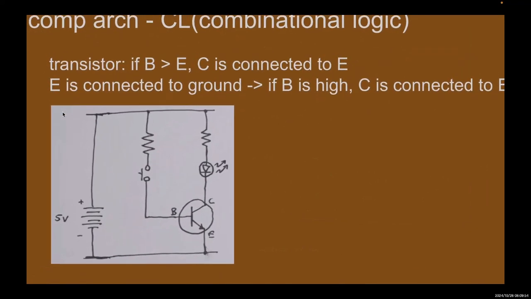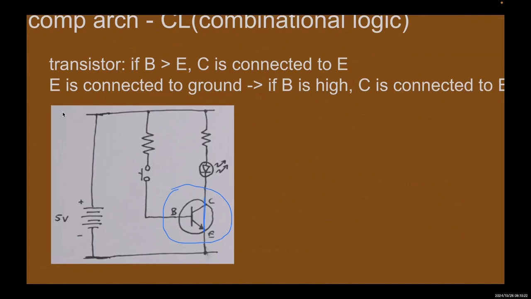So this is a transistor. And the way it works is it has three terminals: B, C, and E. Only when the voltage at B is larger than the voltage at E, then C and E are connected. And if the voltage at B is equal to the voltage at E, then C and E are not connected.